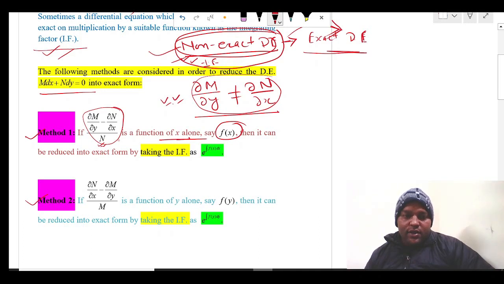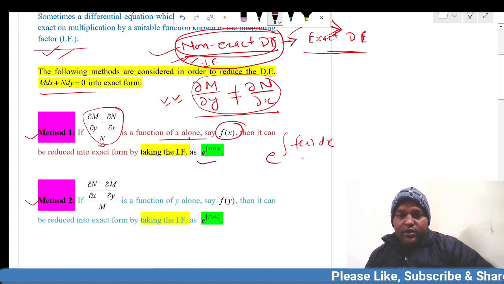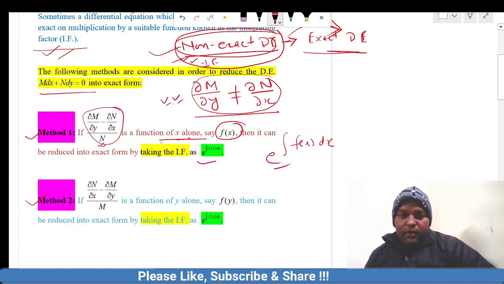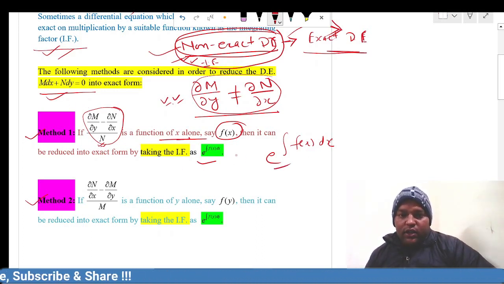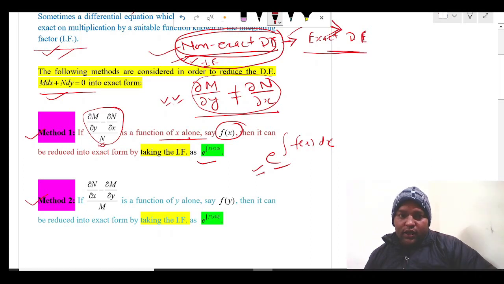Then in such a situation, the integrating factor is taken in the form of e raised to the power integration of that particular function, and after multiplying the given equation by this expression, the resulting form will by default be an exact form, so we can write its solution.